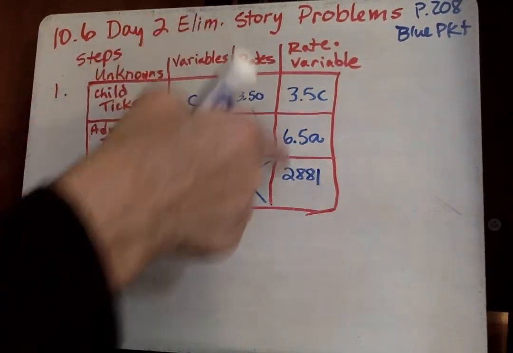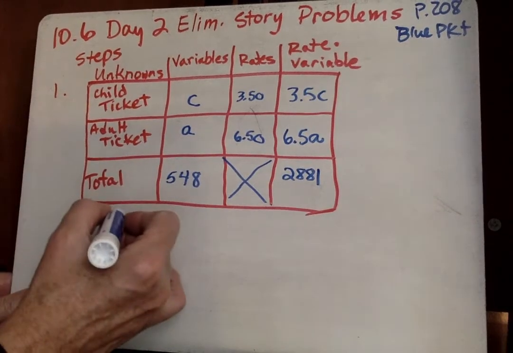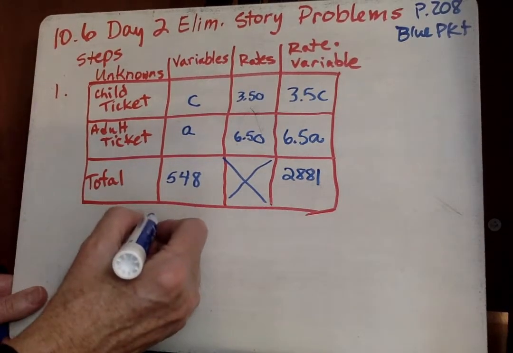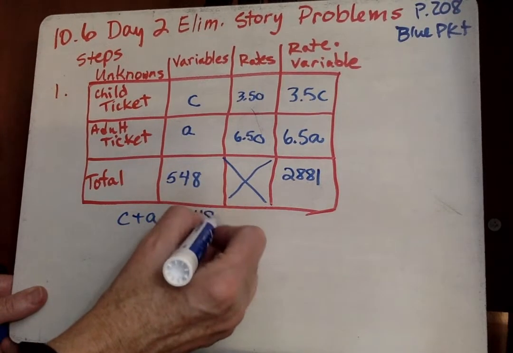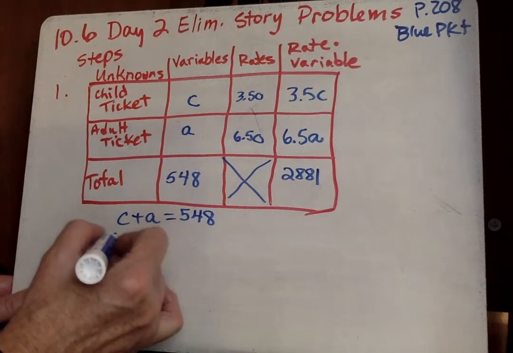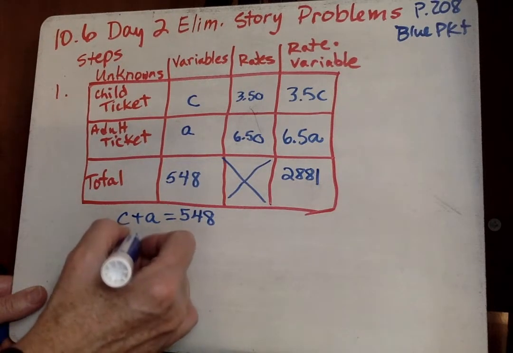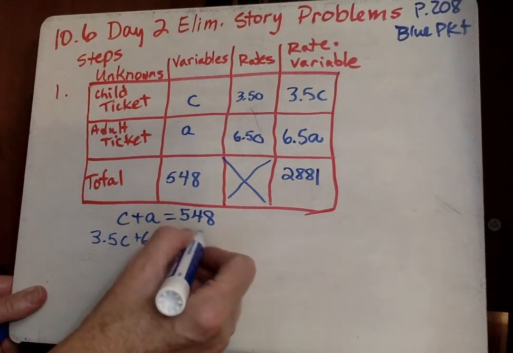So we're going to use these 2 equations coming down like this. So we can say C plus A equals 548. And we could say 3.5C plus 6.5A equals 28.81.